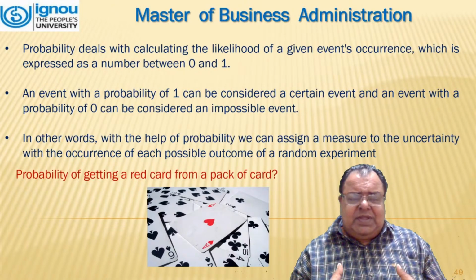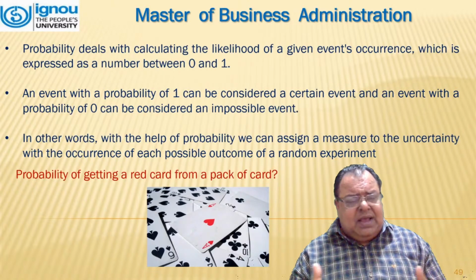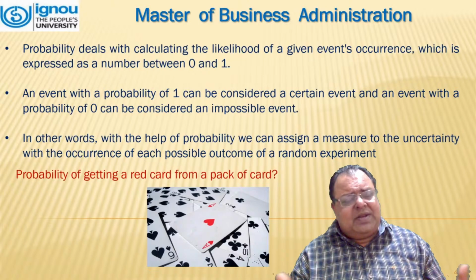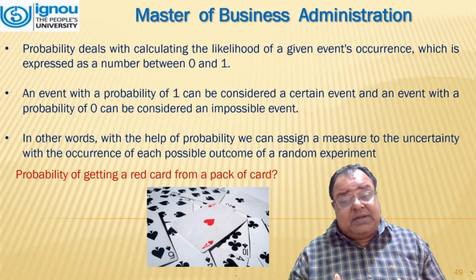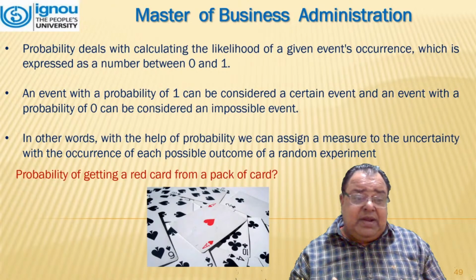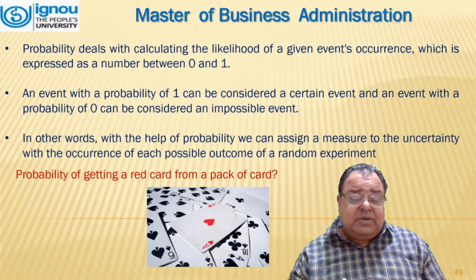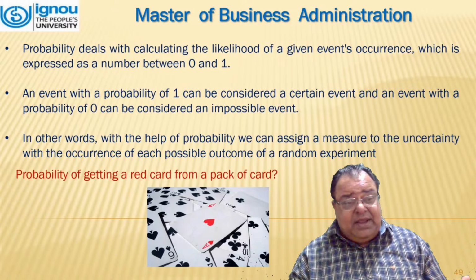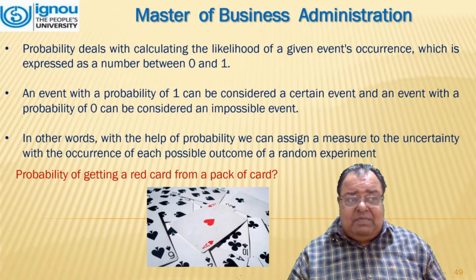Probability deals with calculating the likelihood of a given event's occurrence, which is expressed as a number between 0 and 1. An event with probability of 1 can be considered as a certain event, and an event with a probability of 0 can be considered as an impossible event. Now, the sun is always going to come from the east.